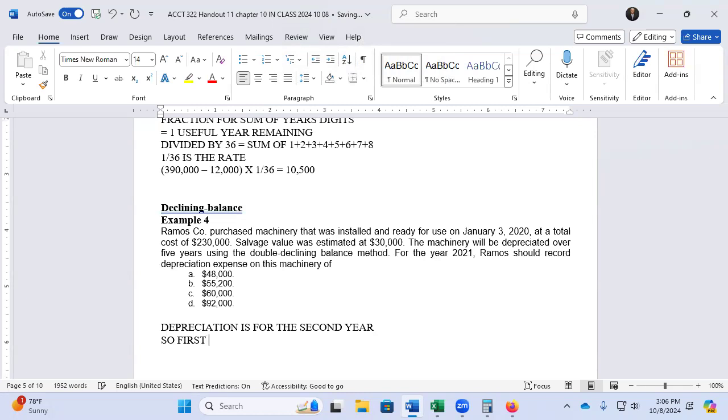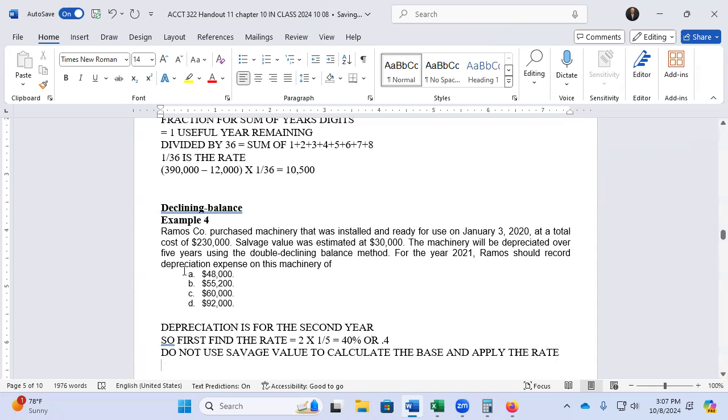So first, find the rate, which equals 2 times 1 divided by 5. That's 40%, or 0.4. And then we do not use salvage value to calculate the base, and apply the rate.